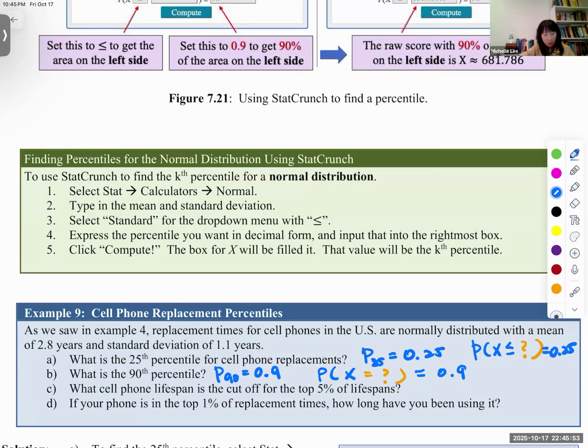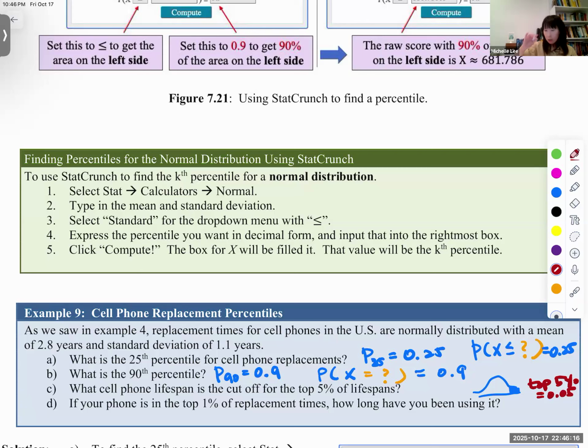Third one: what cell phone lifespan is the cutoff for the top 5%? Let's take a look. The top 5% is about here. How do we indicate the top 5%? It's 0.05.